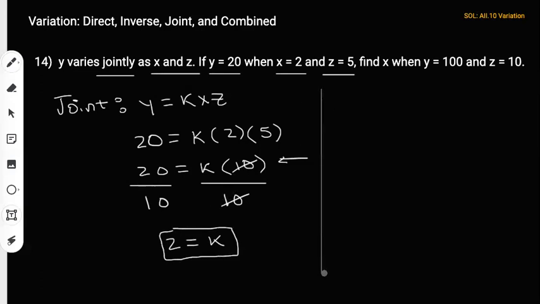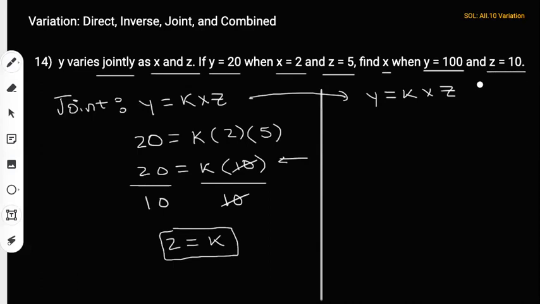So now in the second half of the problem, I'm going to use the same formula that I used before, y equals k x z, but I'm going to use different information now. It tells me to find x when y equals 100 and z equals 10.